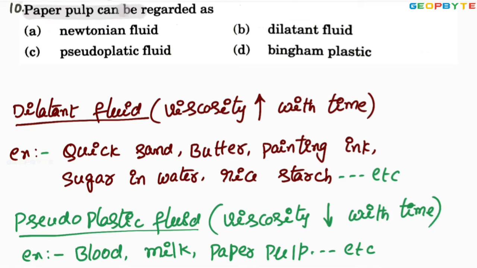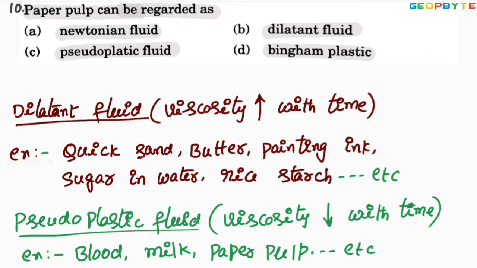Paper pulp can be regarded as: option A, Newtonian fluid; option B, dilatant fluid; option C, pseudoplastic fluid; option D, Bingham fluid.